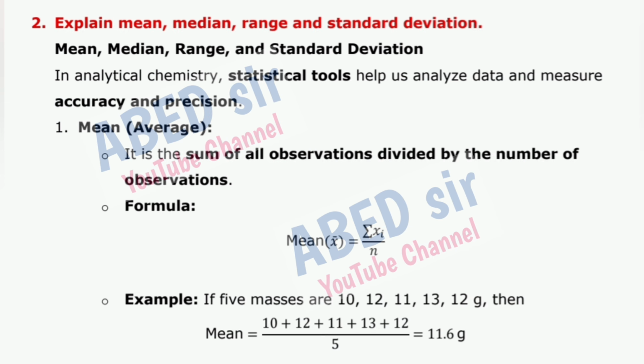Formula: mean x̄ is equal to sum of x_i over n. Example, if 5 masses are 10, 12, 11, 13, 12 g, then mean is equal to (10 plus 12 plus 11 plus 13 plus 12) divided by 5, which is 11.6 g.